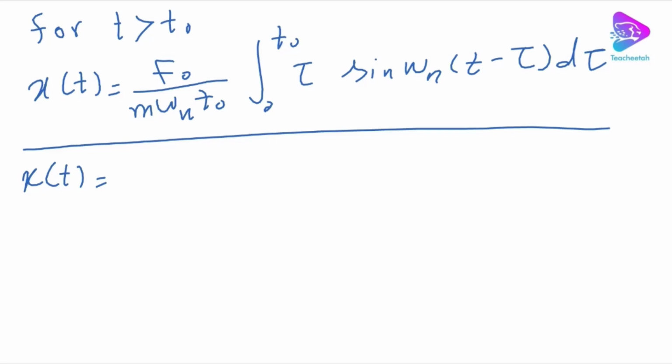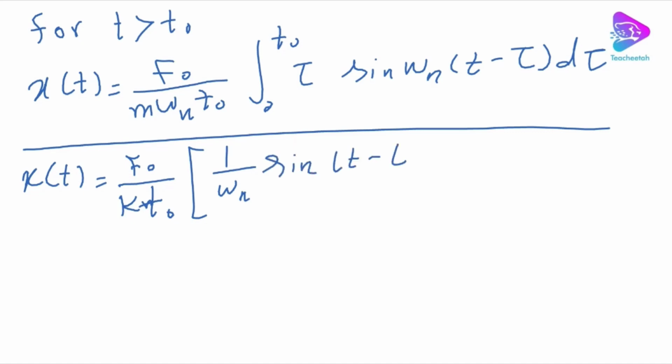Which gives us F naught over m omega n t naught, times 1 over omega n sine omega n (t minus t naught). See, now t naught appears in our response, plus t naught cos omega n (t minus t naught), and you see the t is present as expected, which means that our response is a function of time.